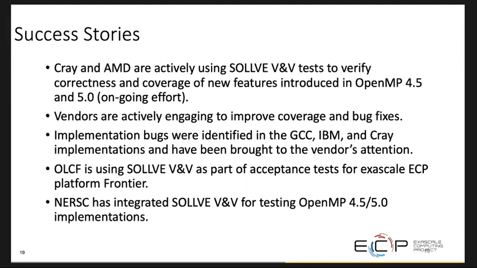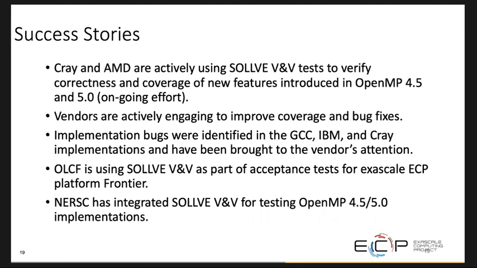And we have vendors like GCC, AMD and Cray constantly communicating over GitHub to improve the coverage and add some bug fixes, things that we may have missed, which is great community engagement. Using our tests, implementation bugs were identified in GCC, IBM, as well as Cray implementations, which they were very responsive in fixing once we brought it to their attention.